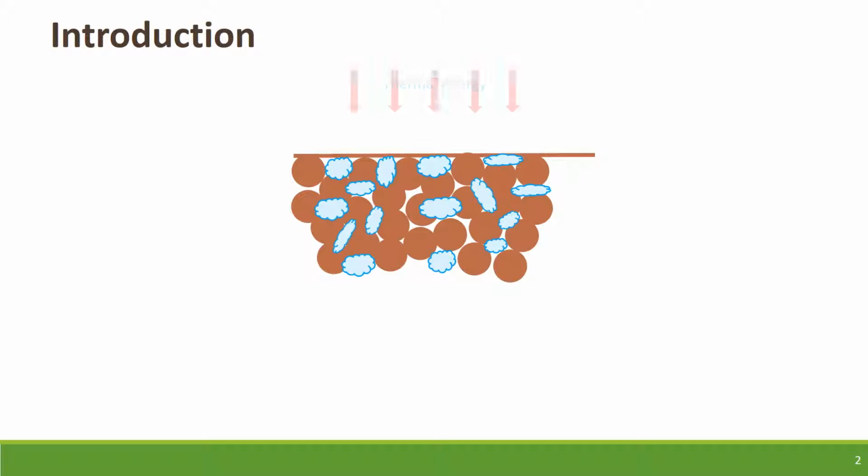Now see what happens when thermal energy comes into contact with the soil mass surface. Heat energy will be conducted through the soil particles towards the deeper zone of the soil mass.